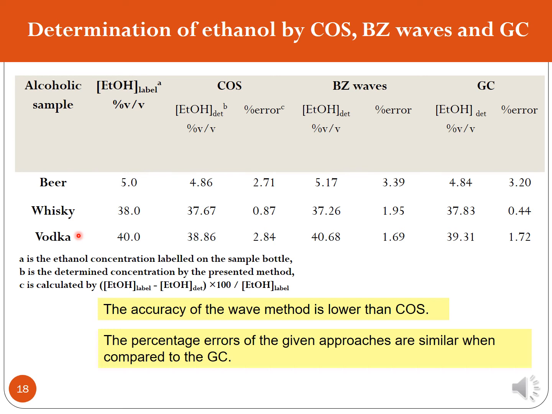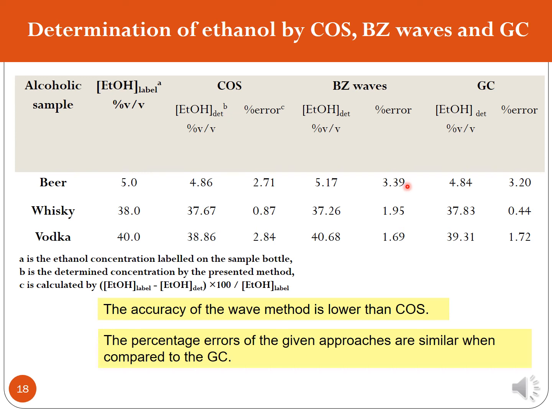We found that COS and BZ wave have low percentage error, similar to GC. However, when we compare COS and BZ wave, we found that the accuracy of the BZ wave method is lower than COS.